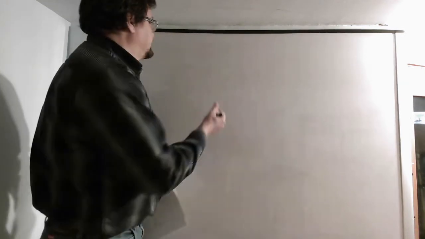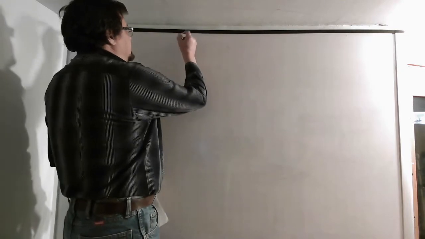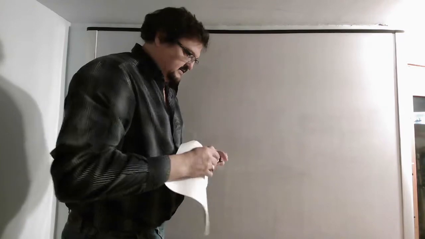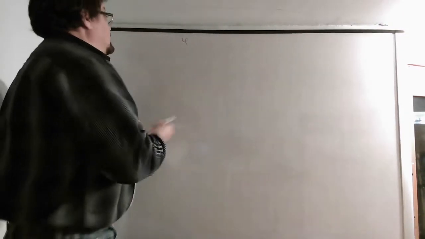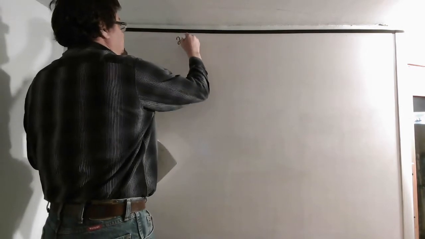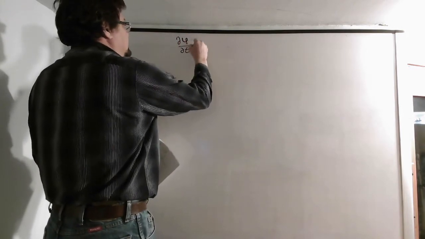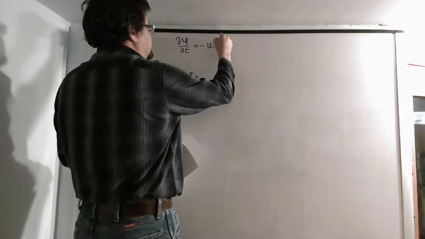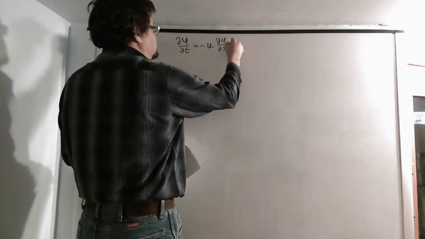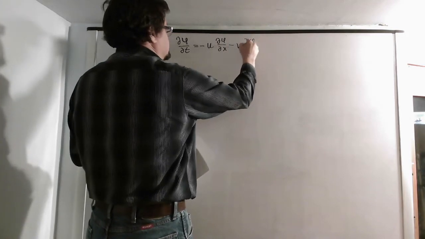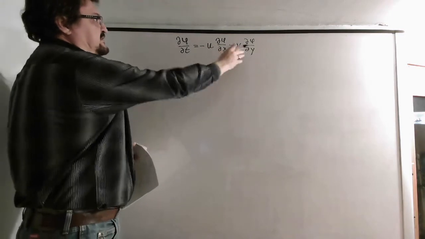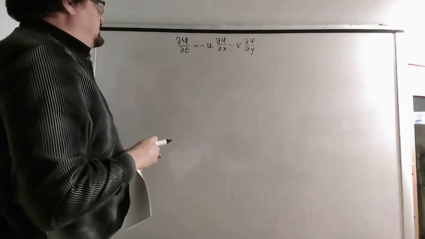So we have our advection equation in two dimensions this time, where u and v are transport velocities in directions x and y.